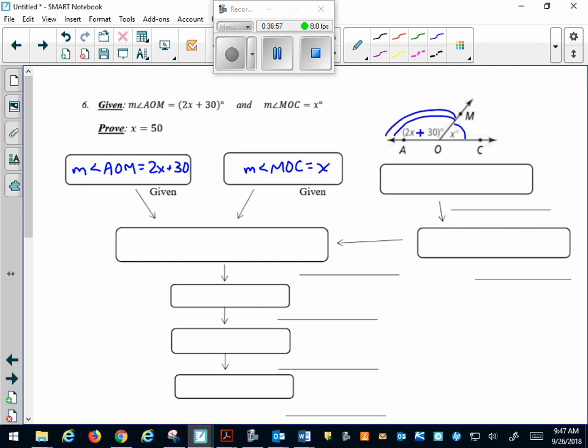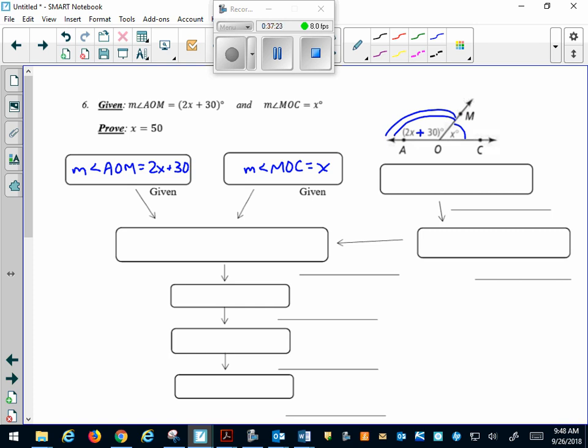So now you're looking at your diagram, and you're thinking, aha, I'm dealing with what here? A linear pair. Very good, a linear pair. So we're going to use the linear pair postulate, which says if two angles form a linear pair, then they are supplementary. Good.